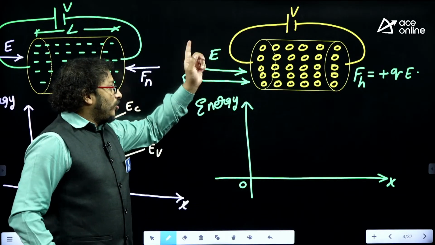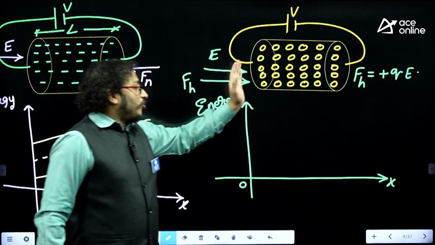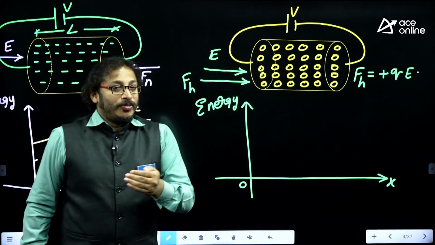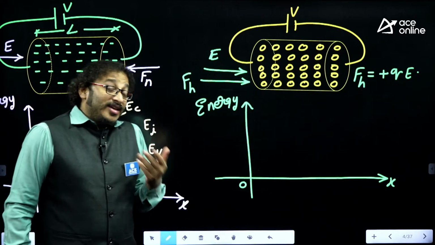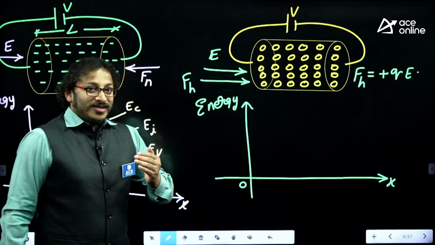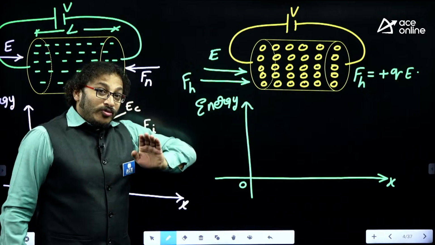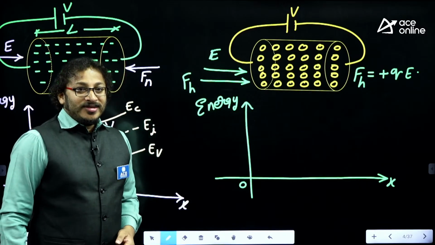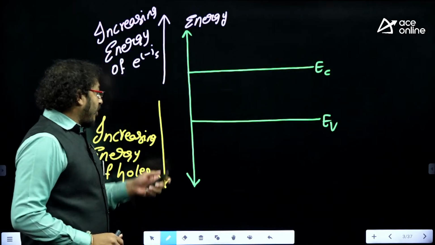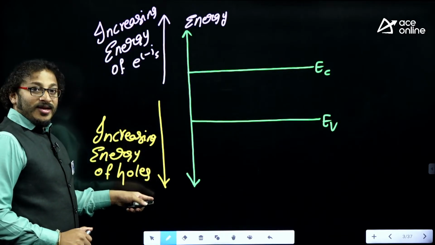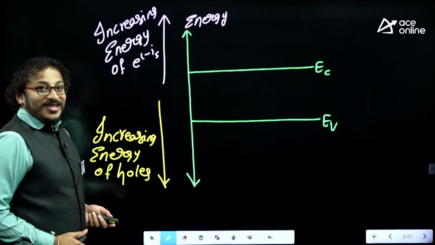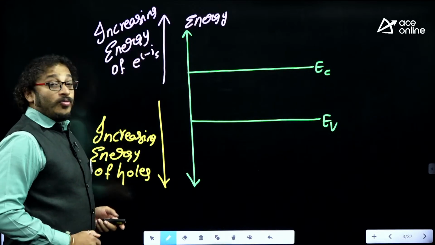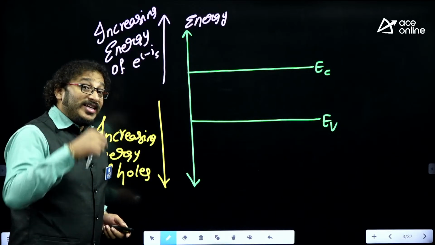On the left side holes have high energy, and once I move towards the right side, hole energy decreases. Sir, is high energy of a hole when I move in the positive y-axis or the negative y-axis? You're right. When I'm moving towards the negative y-axis, hole energy increases. When I'm moving towards the positive y-axis, hole energy decreases.